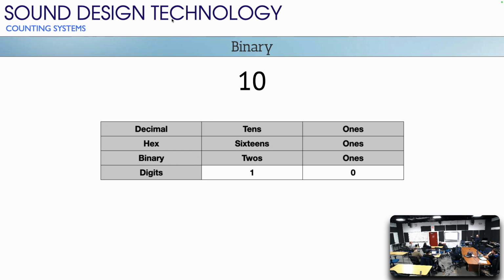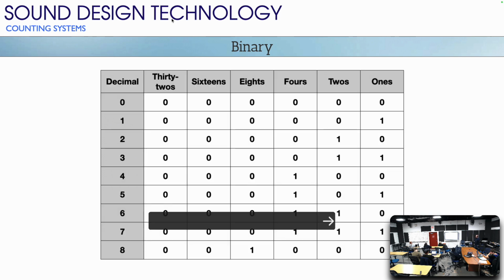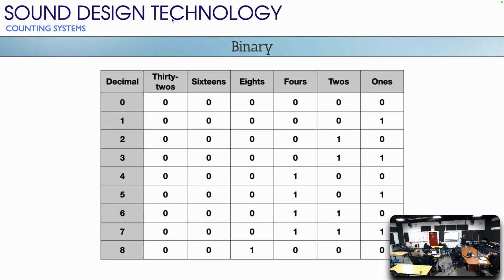So a 1 is a set of 2? Yep. In binary, each little slot is 2 times greater than the one before it. You start with 1s, and you can either have no 1s or you can have one 1.